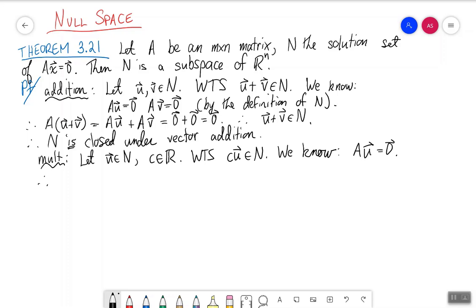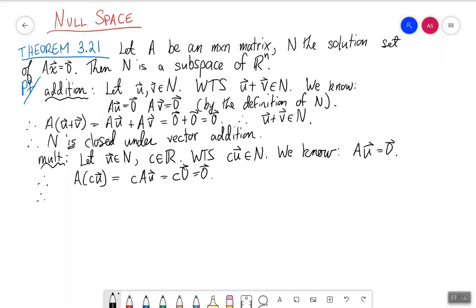Well, therefore, A times c u is equal to, well, c can be brought outside, so it's c times A u, but we know that A times u is 0 from what we just said, and therefore this is c times 0, which is 0.